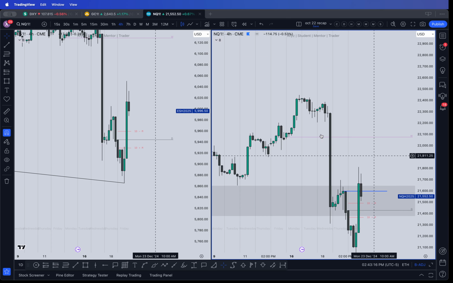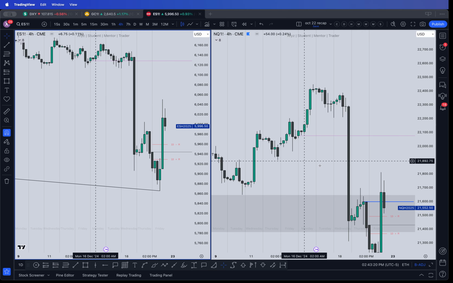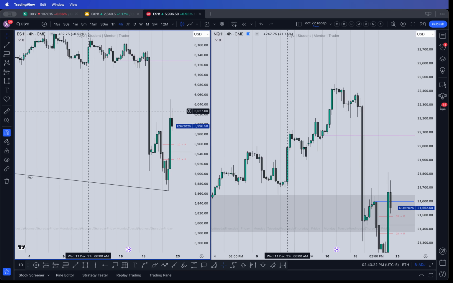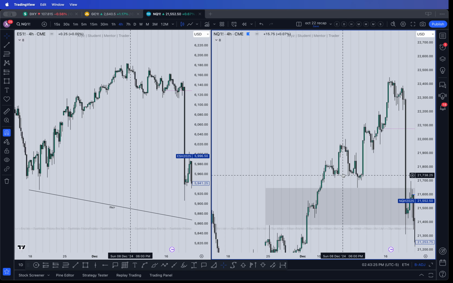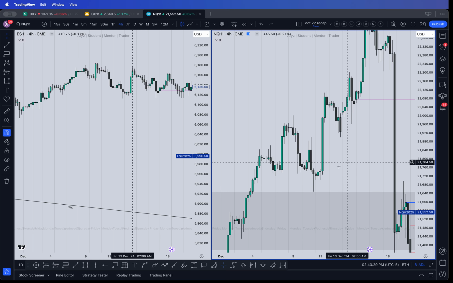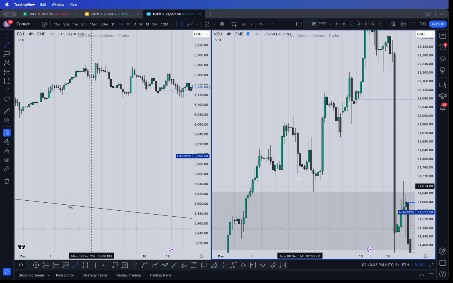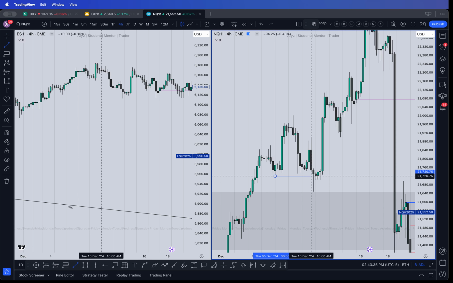So that's an example of the weekly 4 hour. Now let's see how it actually prints on a different time frame. So here, let's look at maybe this reversal down here. Okay. So do you see how we have this SMT divergence that forms last week or a couple weeks ago? Below these lows.